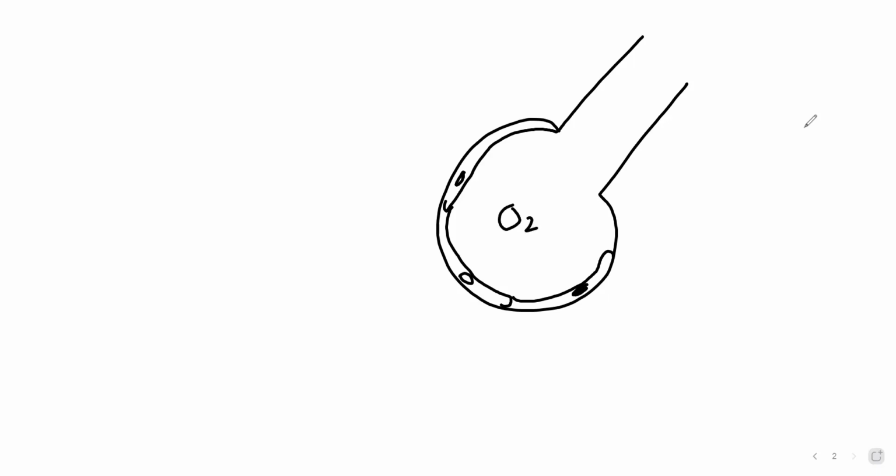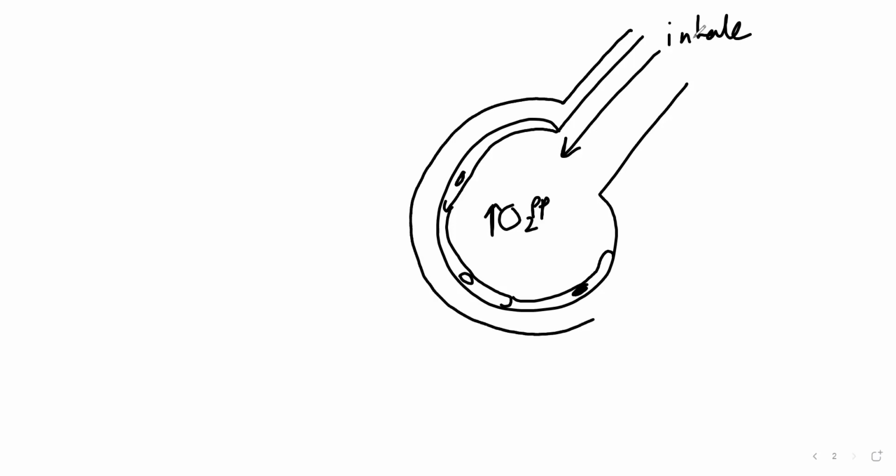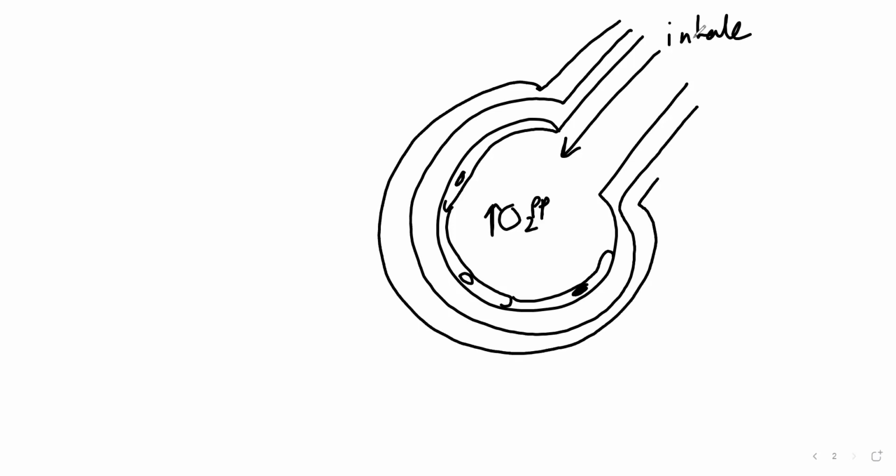So when we inhale air, what will happen? The oxygen partial pressure is higher in the alveolar cavity in comparison to the blood in the surrounding blood capillary, right? Suppose this is the capillary and inside it there are red blood cells, white blood cells, and plasma that is traveling, right?